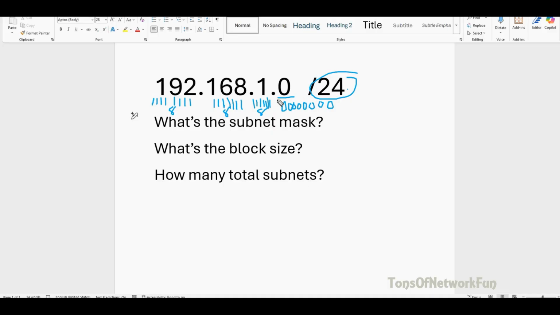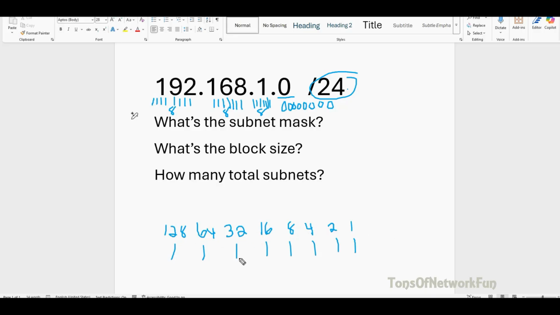So this is the default subnet mask, and each of these ones has its value. We have 128, 64, 32, 16, 8, 4, 2, 1. Basically this is the power of 2 table we are writing.